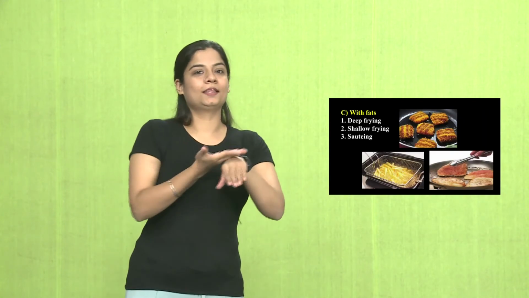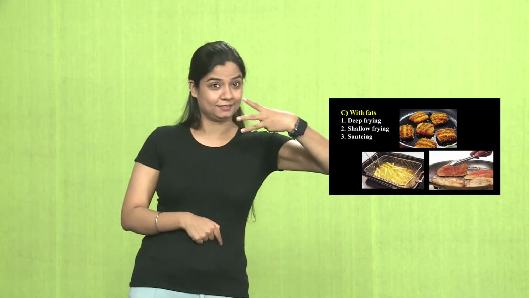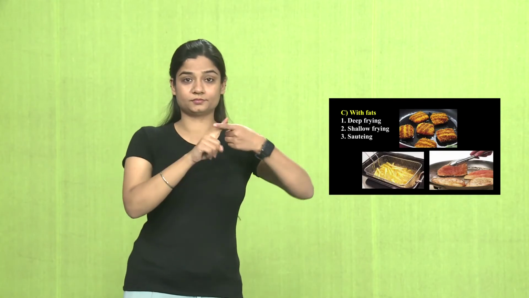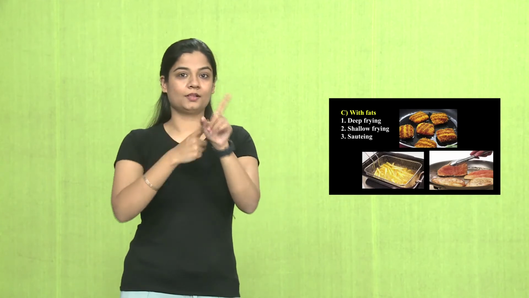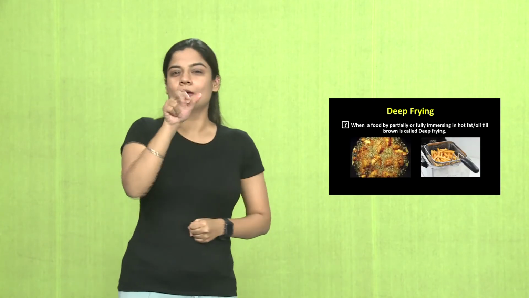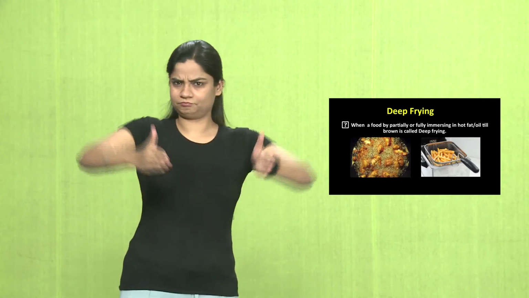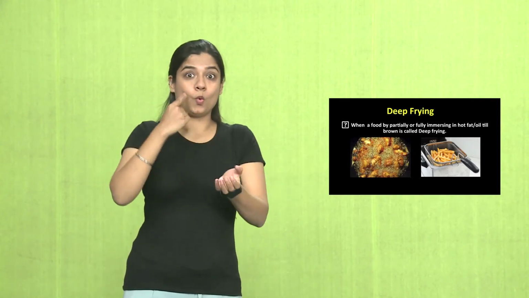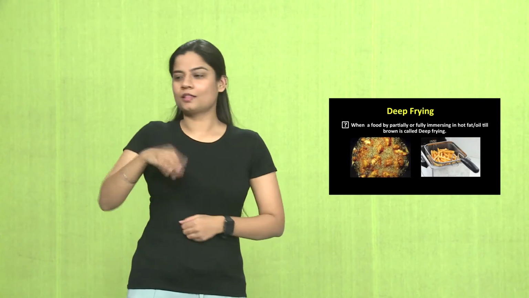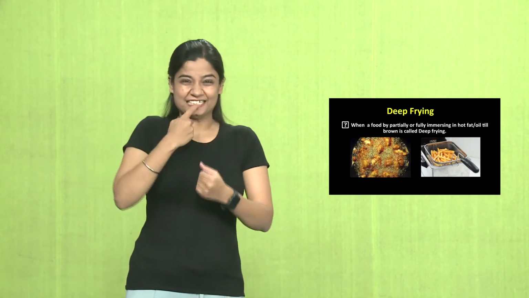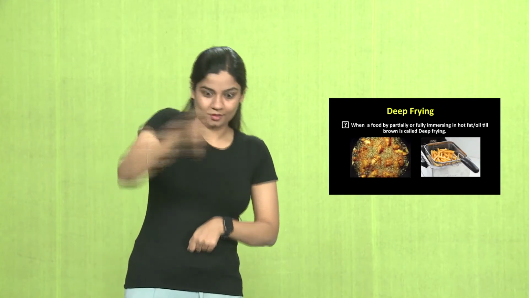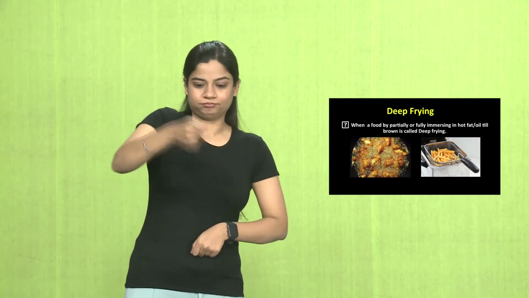So now the next category, with fats. 3 kinds of foods can be prepared. The first one under this is called deep frying, when the food is partially or fully immersed in hot fat or oil till it turns brown. For example, potato is deep fried, it's white and later on it turns a little yellowish brown.